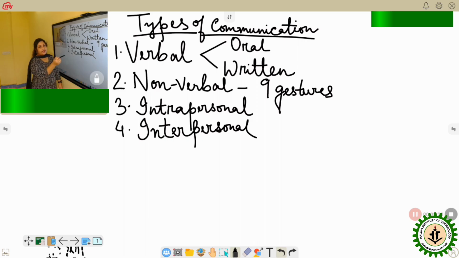Basically, when there is an exchange of words or ideas or feelings or emotions or any kind of information, either between one person and another person or one to many, that is interpersonal communication. It can include conversation, and it can also include a speech given by someone.